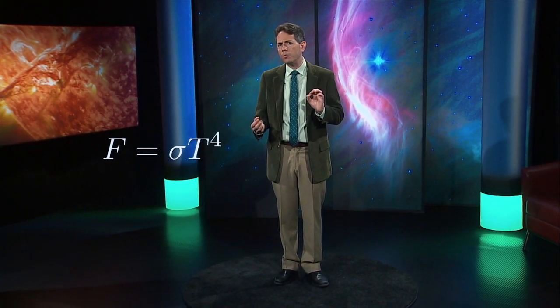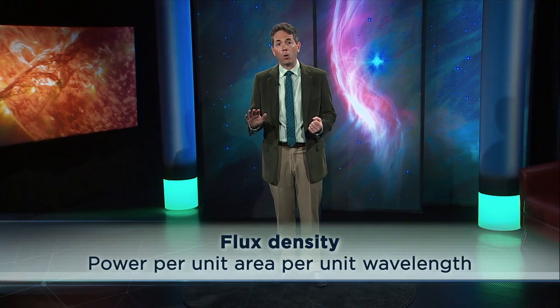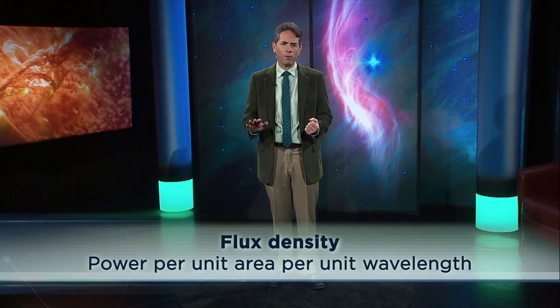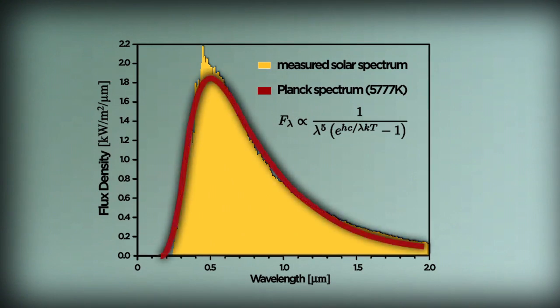But what are the contributions to that flux from photons of different wavelengths? That's the flux density, power per unit area per unit wavelength. When we measure the flux density of the sun as a function of wavelength, we find it's a pretty good fit to a theoretical Planck spectrum. It peaks at around 2 kilowatts per square meter per micron at a wavelength of half a micron.